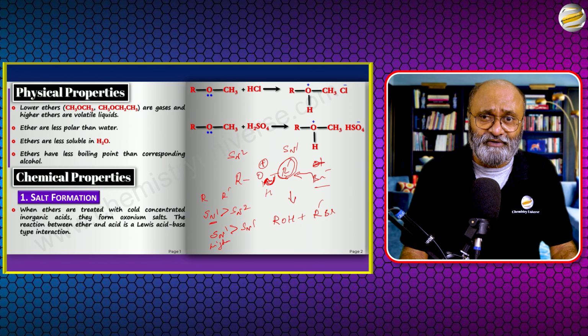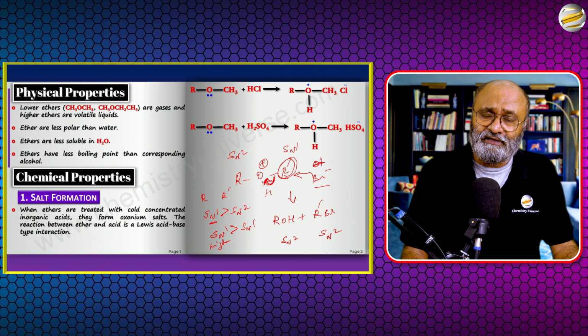So the lesser SN1 becomes alcohol and the higher SN1 becomes the alkyl halide. Now what happens is, if both show only SN2, if they're symmetrical, it doesn't matter. If they're unsymmetrical, if both show SN2, one definitely will show SN2 more than the other, less steric hindrance.